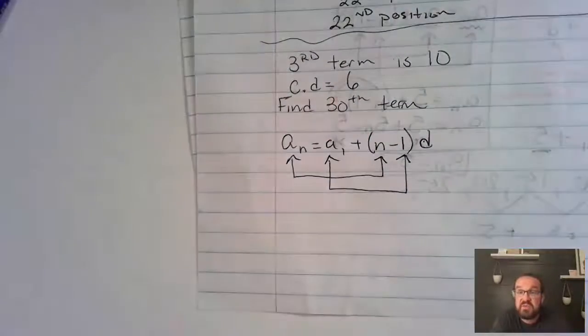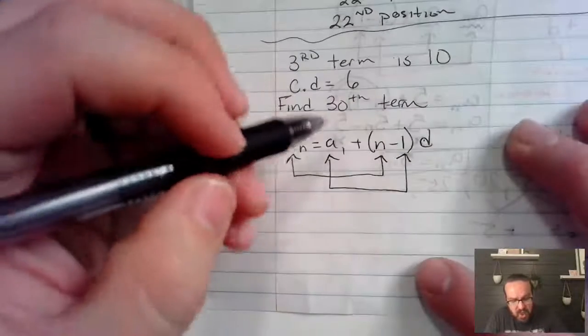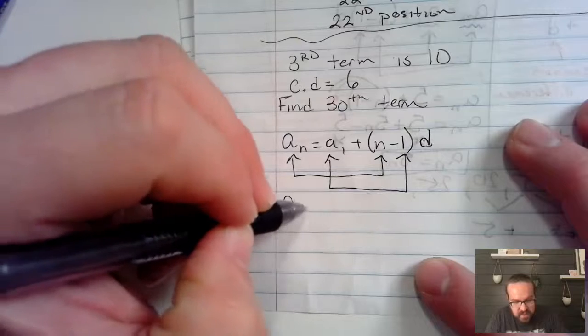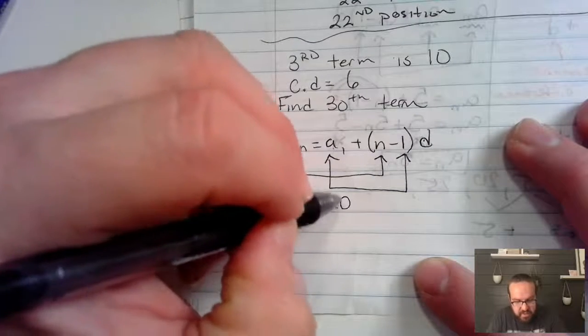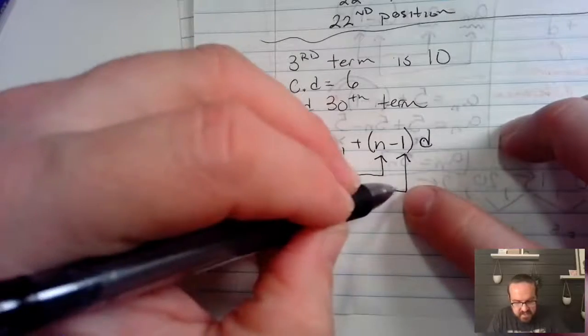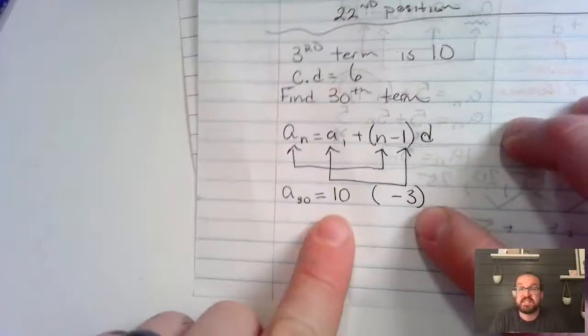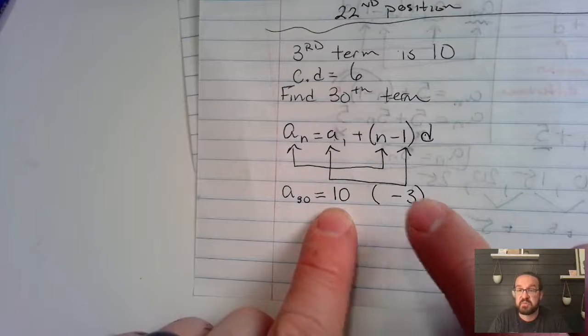I don't know what the first term in this pattern actually is. So I still want to find the 30th position, but this time I don't have the first term. I have the third term. So if this is connected, it's going to have to be minus 3 right there, because 10 is not the first term in this pattern. 10 is actually the third term in this pattern.